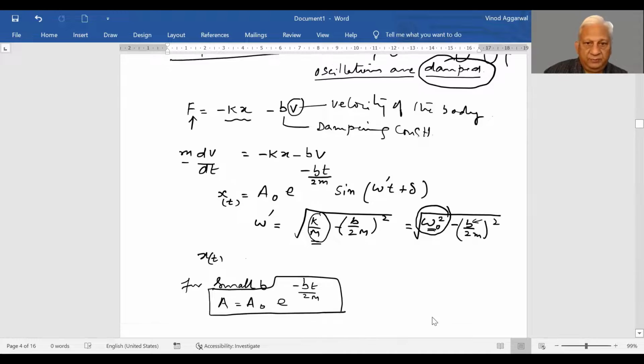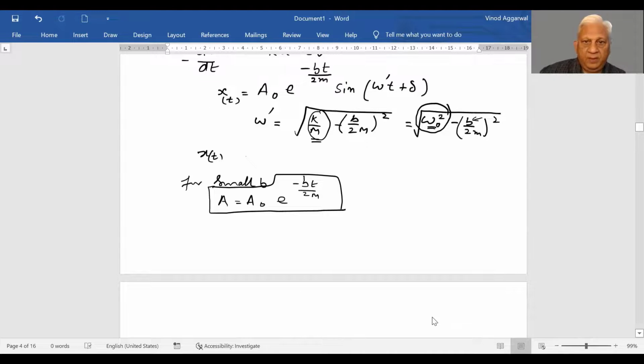And if you plot it, how does it look like? Since now we see you start with any initial amplitude, it keeps decaying as a function of t.